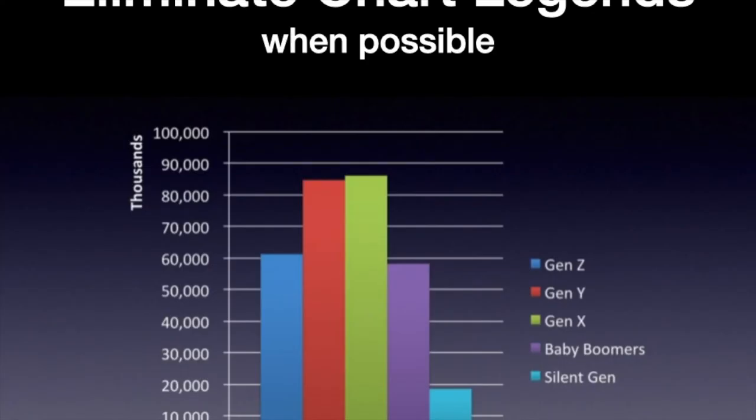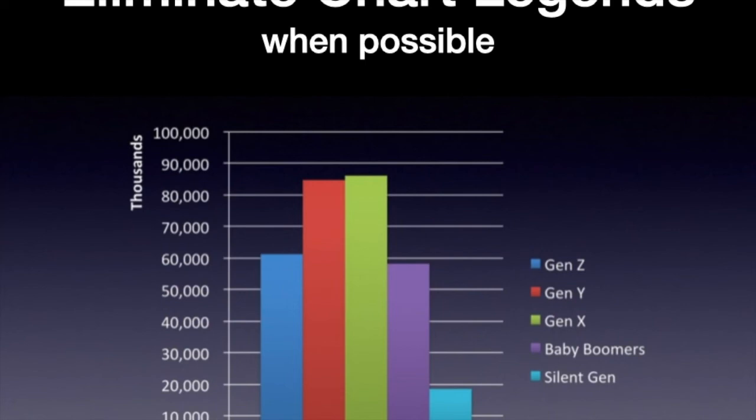And another thing that's done poorly is using chart legends like these when they are not necessary. It would be just as easy in this particular graph to put Gen Z here, like right there in the bar, and Gen Y in the bar, Gen X, and you get the point.